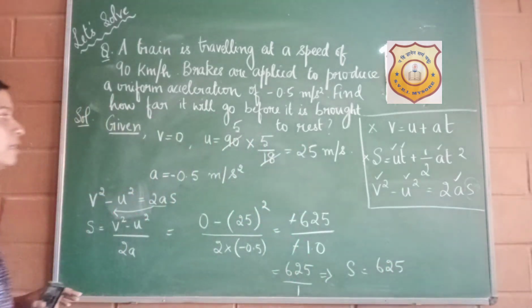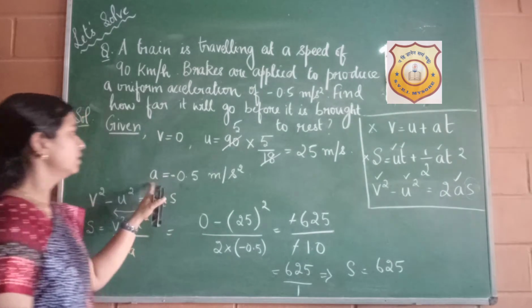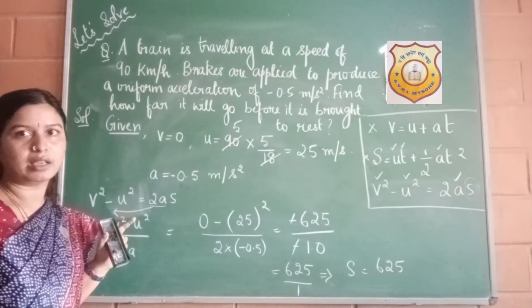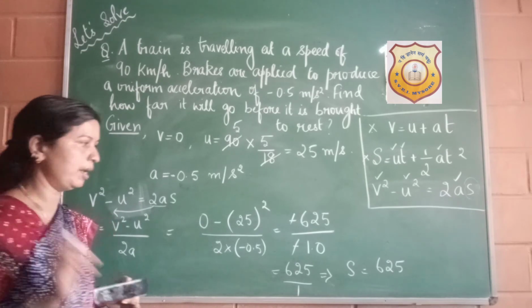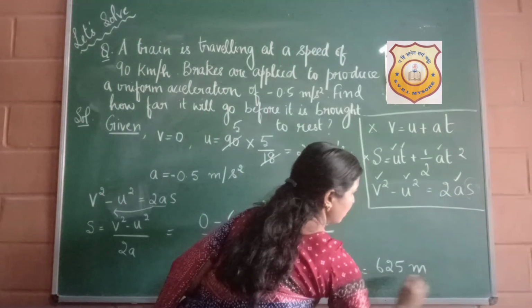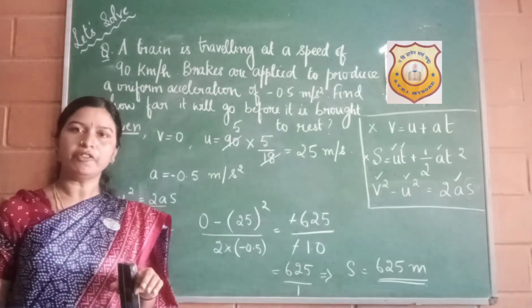What will be the unit? u is in meter per second. Acceleration is in meter per second square. So definitely the unit of distance will be meter. So the answer is 625 meter.